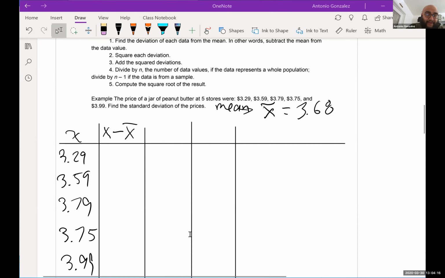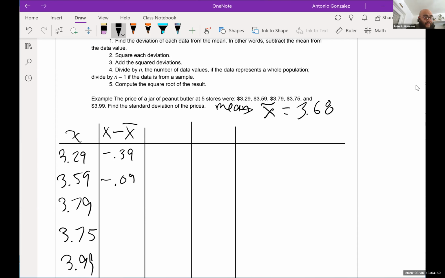In this case, we're doing 3.29 minus 3.68, and that gives me negative 0.39. Again, it's negative because 3.29 is to the left of the mean. Continuing on, we'll do 3.59 minus 3.68, and we get negative 0.09.